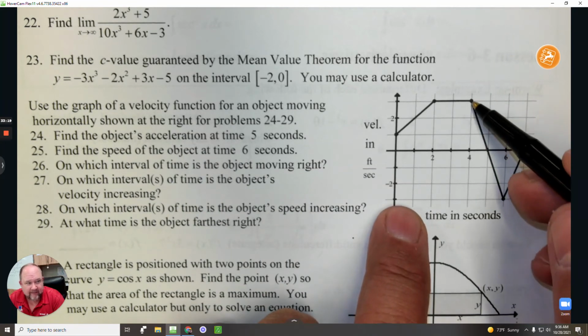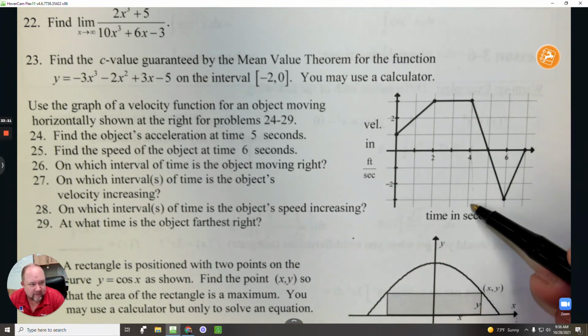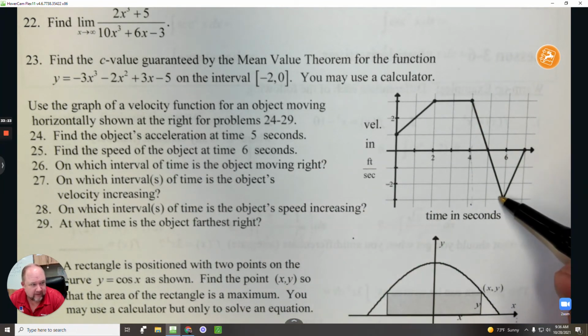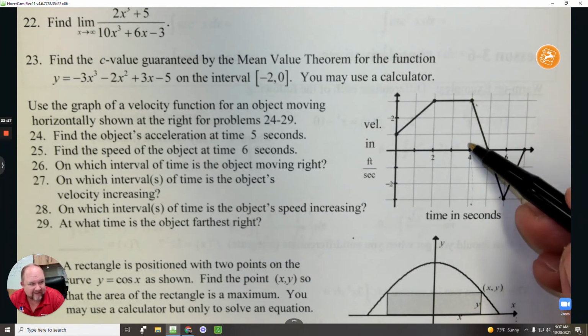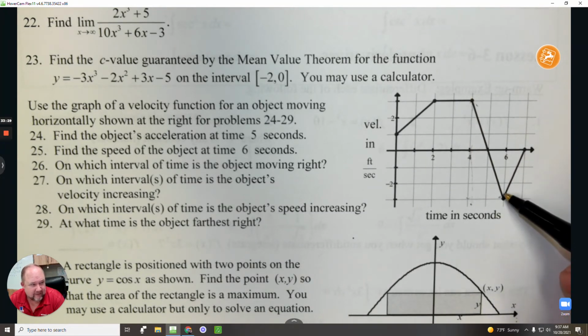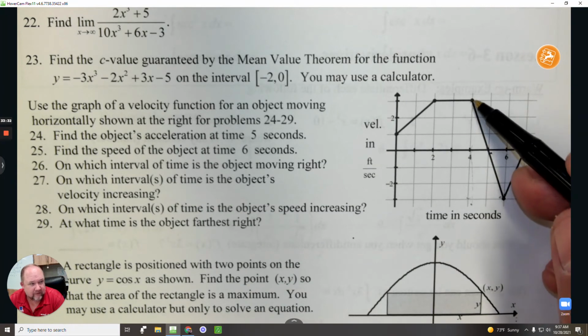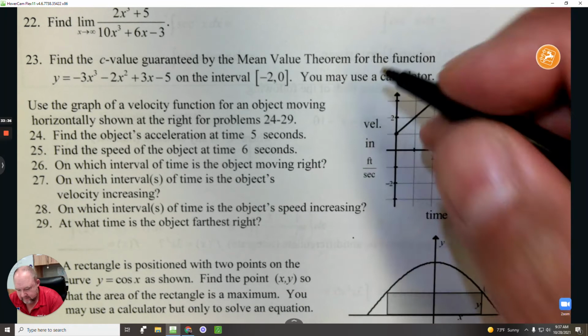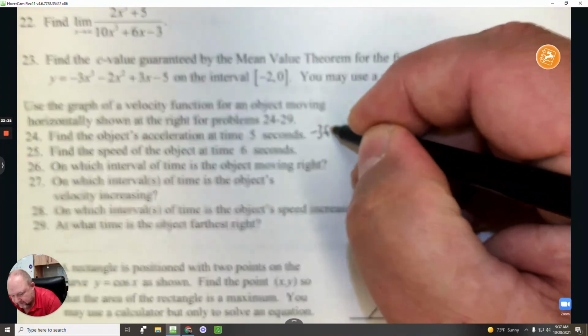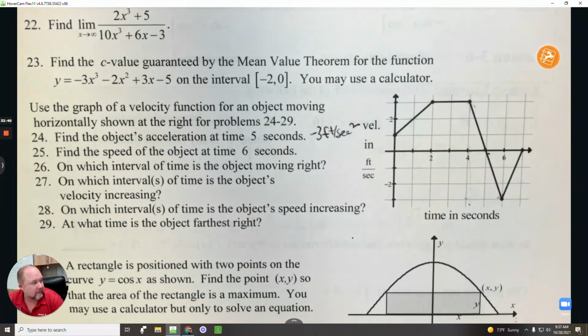At 5, the slope is down 3 and to the right 1. So it's -3. And how would you write that properly? It would be feet per second squared.